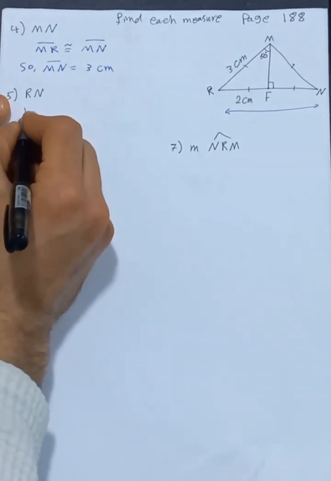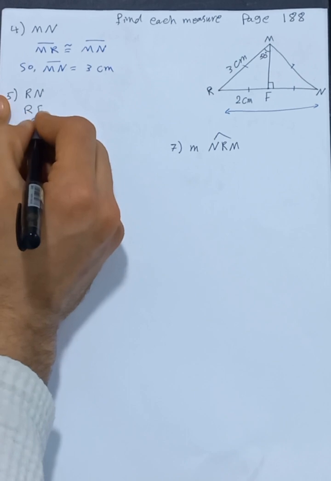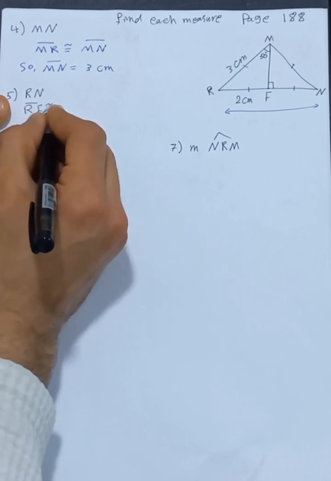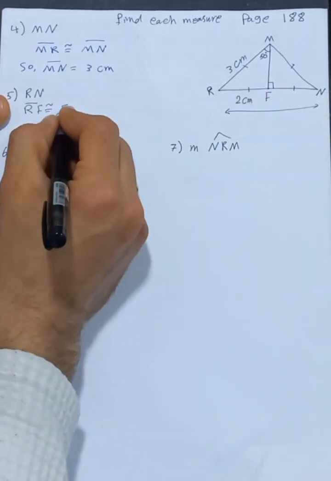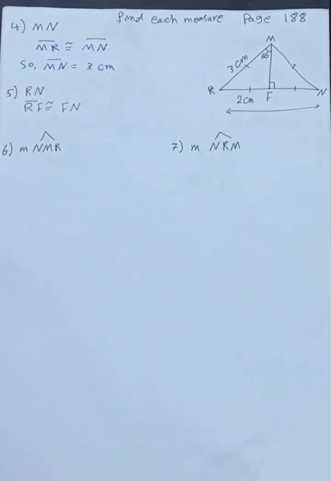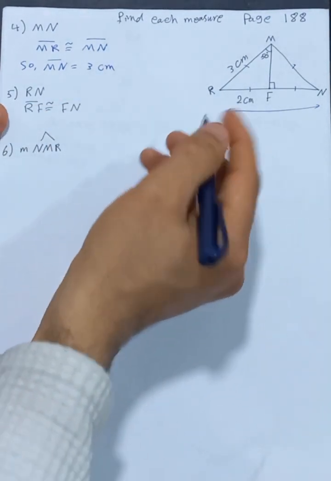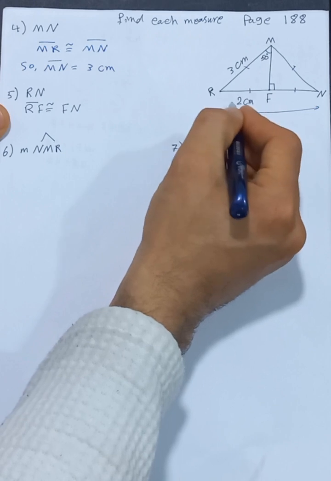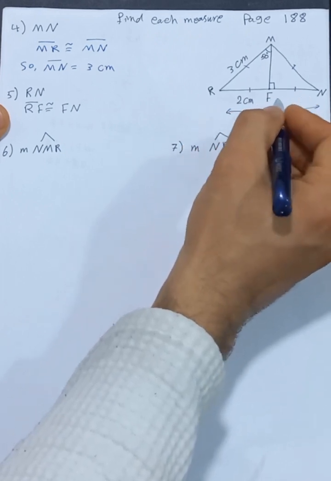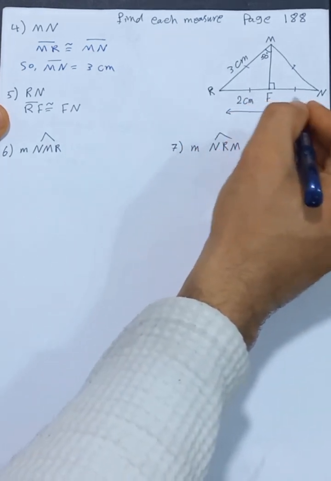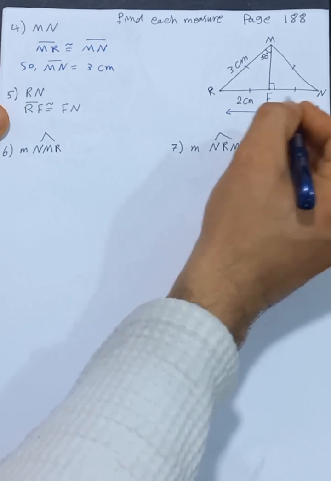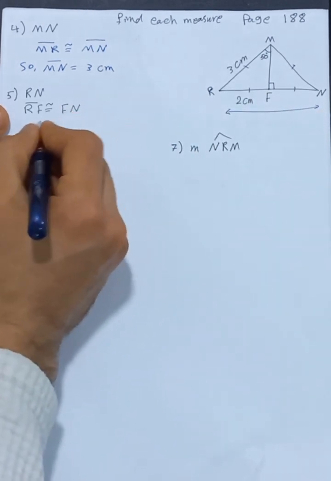So we can simply say RF is congruent with FN. So when they are congruent, and RF is equal to 2 centimeter, then FN also should be equal to 2 centimeters.